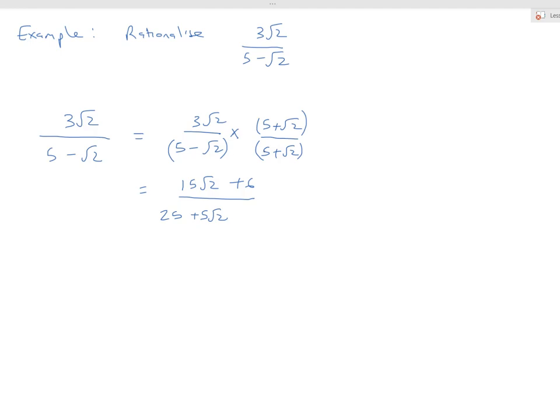Now I've got minus root 2 times 5, so it gives me minus 5 root 2. So you can see then what's happening in the middle there. And then I've got minus root 2 times root 2, so that gives me minus 2. These two cancel out. This is why you've got a positive and a negative, so a difference of 2 squares. And so that leaves us with 15 root 2 plus 6 divided by 25 minus 2, which is 23.